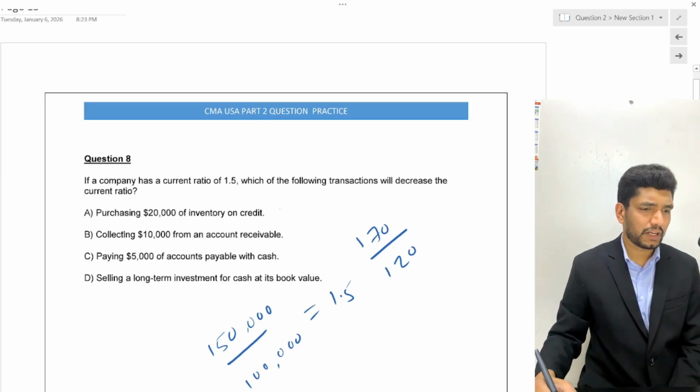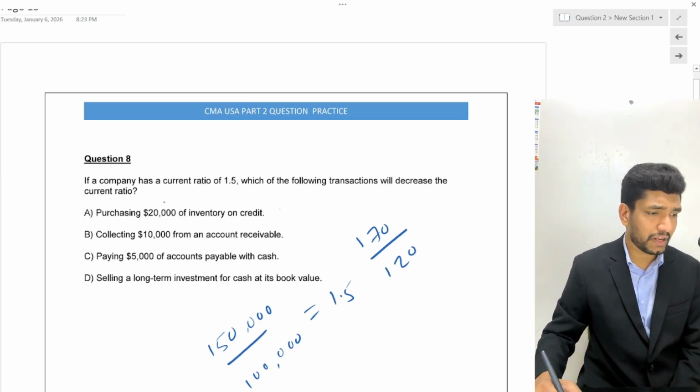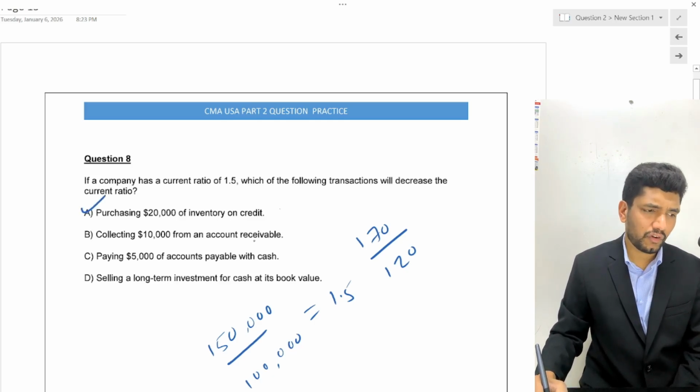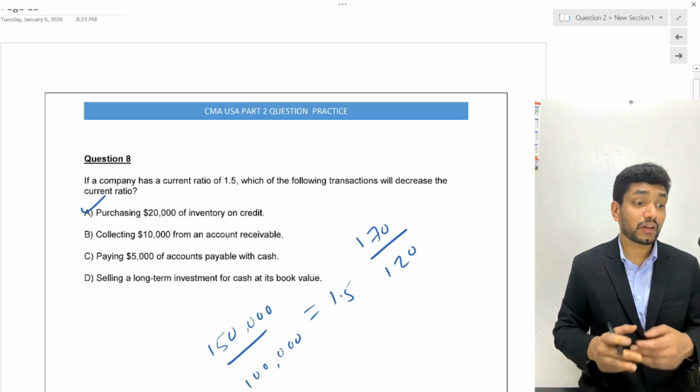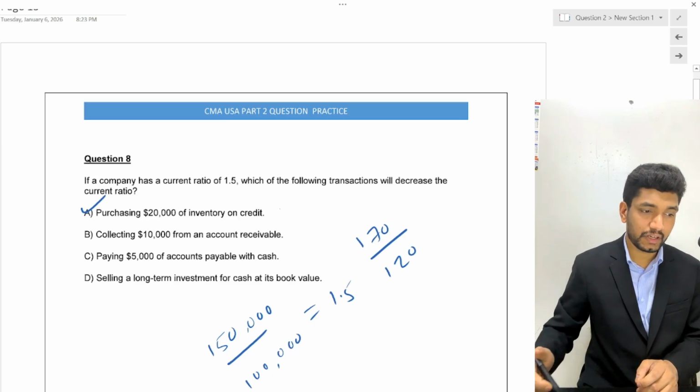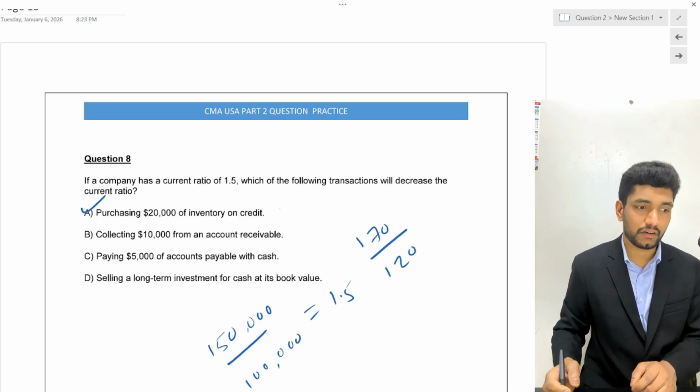So 1.4, that means it is decreasing. So option A is correct. Option 1 is, if you purchase 20,000 of inventory on credit, definitely it will decrease your current ratio.